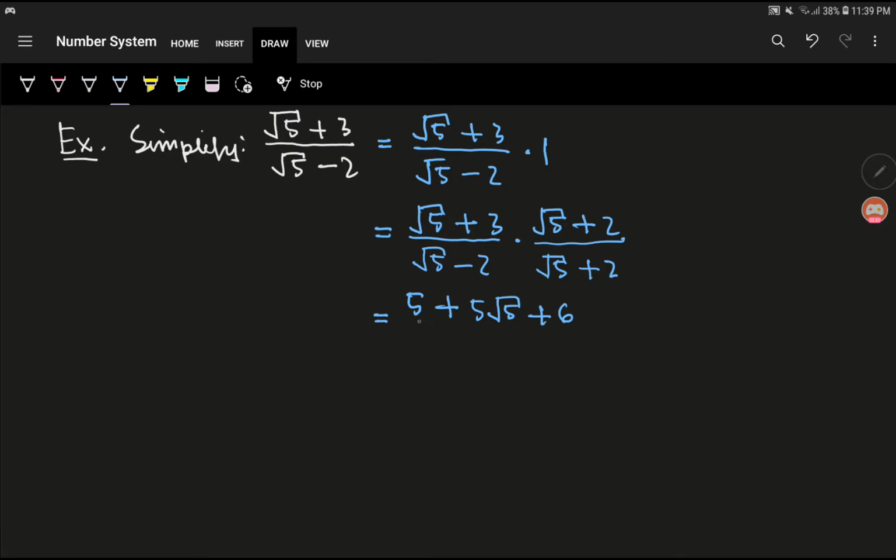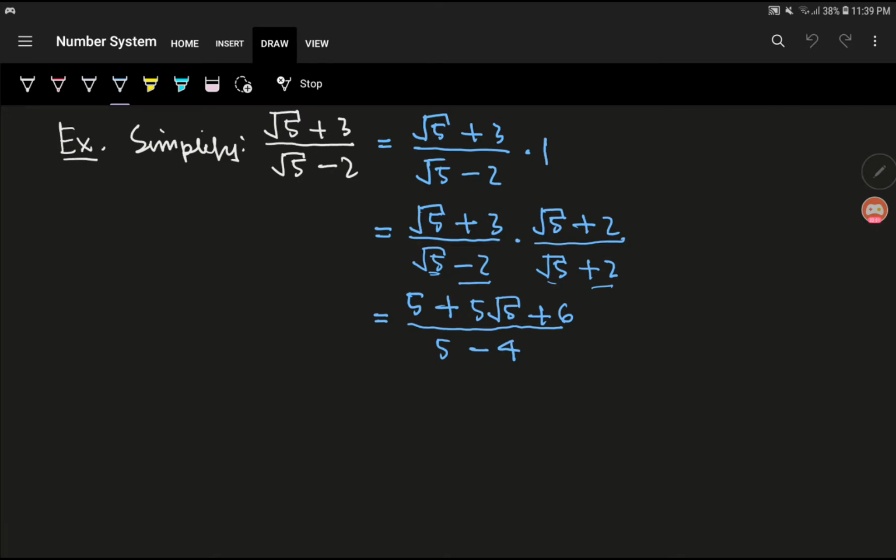Then the denominator: multiply this one, it is 5 again, and then surd 5 multiplied by 2, and negative 2 multiplied by surd 5, so they cancel out, so no surd anymore. What's left is negative 2 and plus 2, so negative 4. So 5 minus 4 is 1.